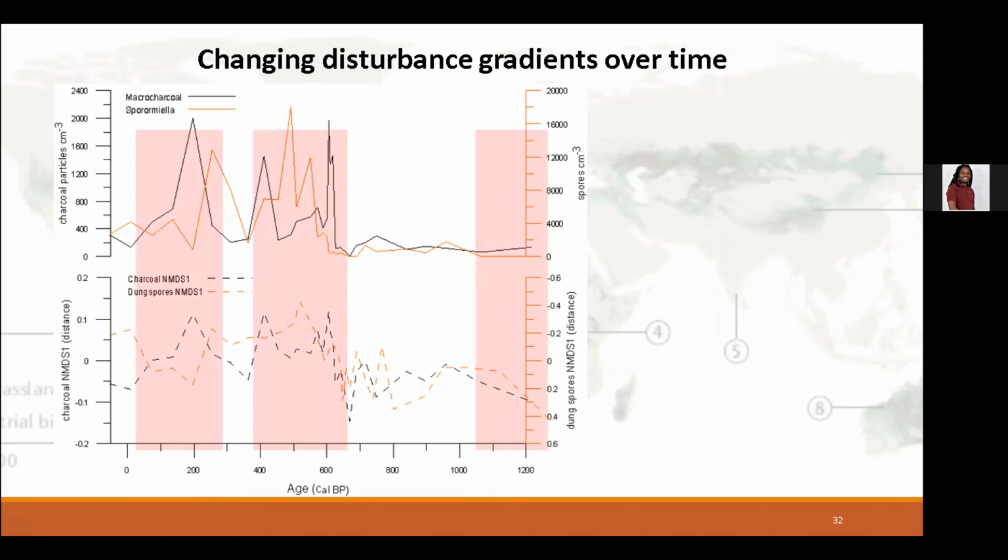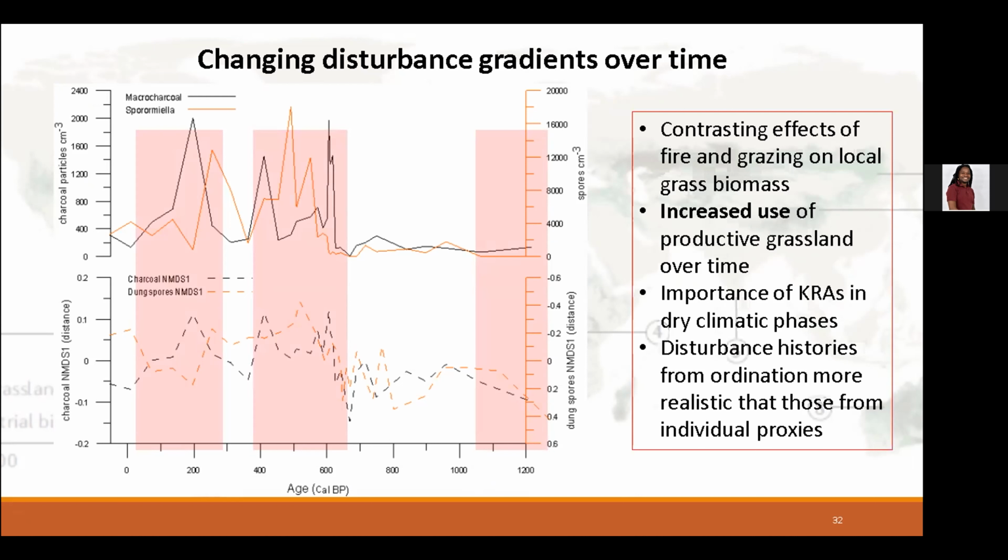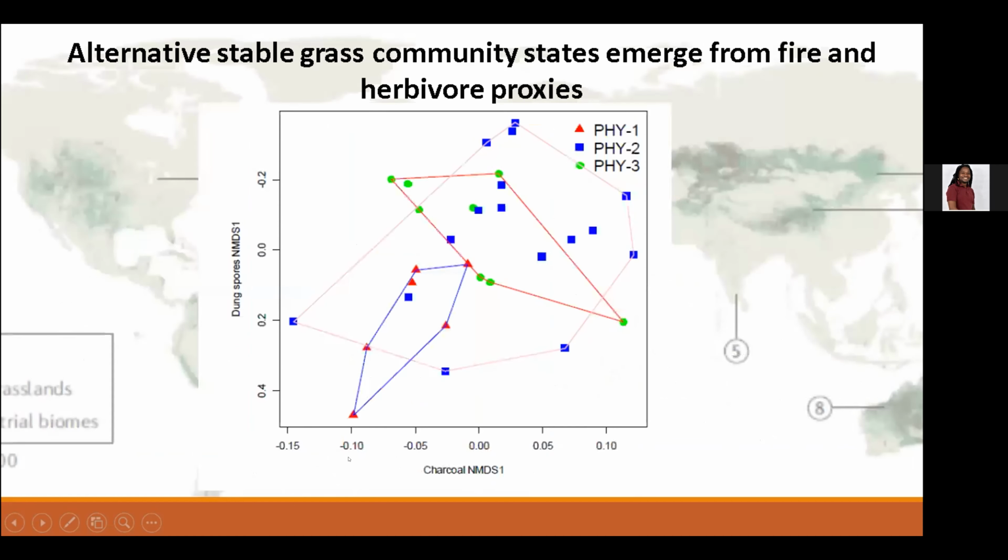And so these shaded portions are where it was a bit drier. And I think I've already explained this. One of the things that we expect here is that when there was this big increase in fire and herbivory, maybe that is when the pastoralists, the Nguni pastoralists, arrived in the area.